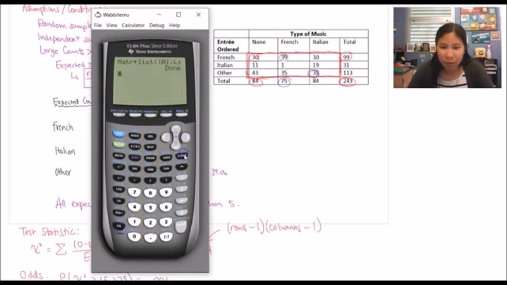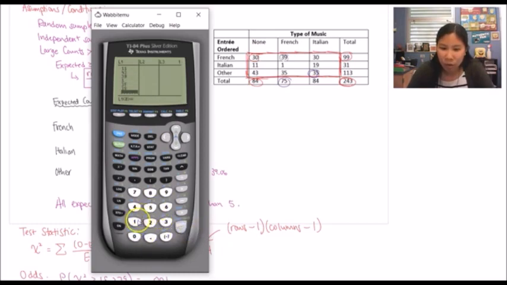So to find the highest component of our chi-square test statistic, what we're going to need to do is go into our lists and actually enter all our data values that were originally in the matrix. So we'd have to type in all our values here. I started with the first column, 30, 11, 43, and then keep typing in the rest, 39, 1, 35, and so on.